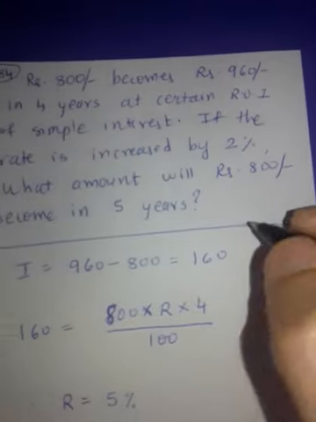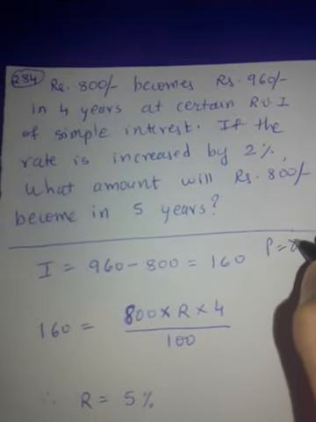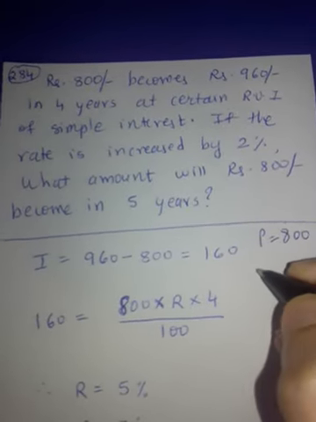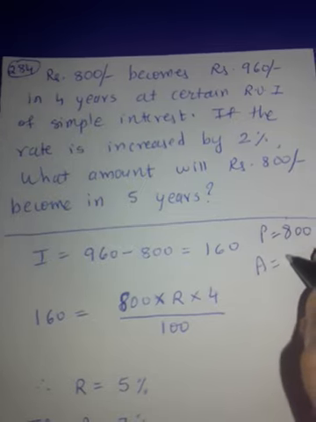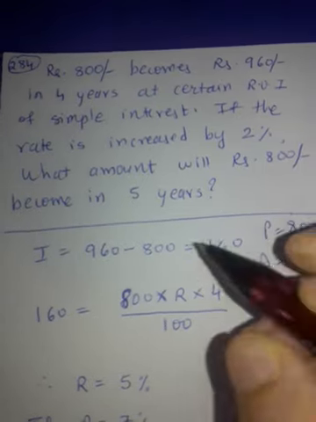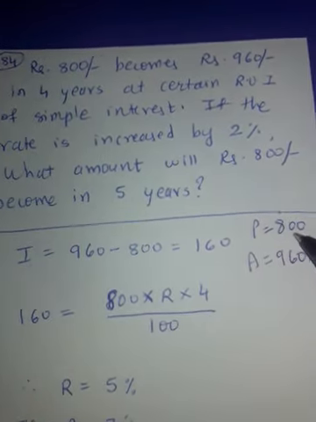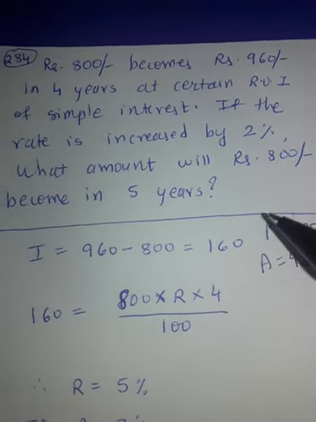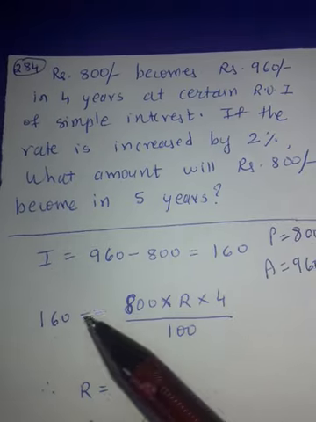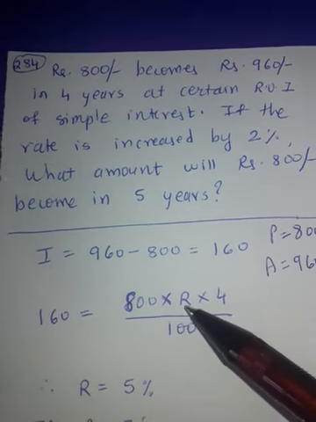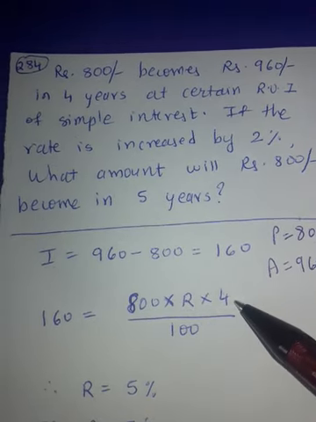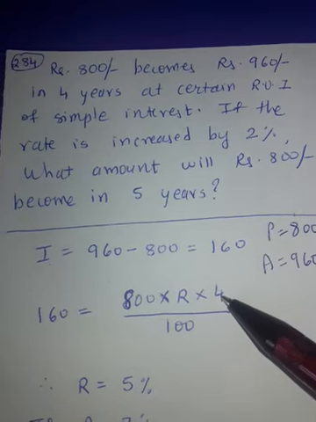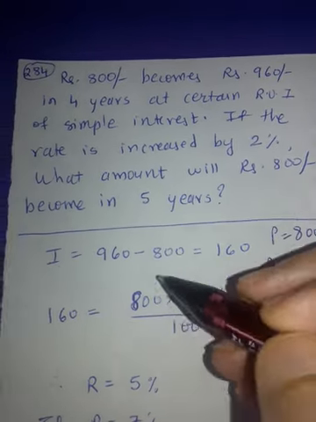That is the meaning. Principal is 800 and it becomes 960. So amount is 960. So can we find I? Amount minus principal. I will be 160. Now let's substitute everything. Interest is equal to principal into rate into time upon 100. 4 years is given to us.